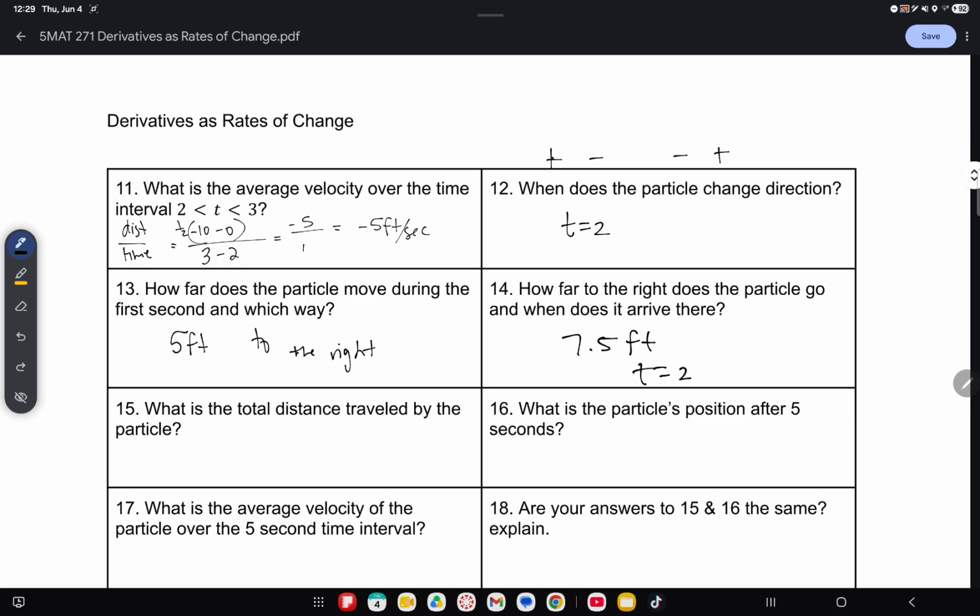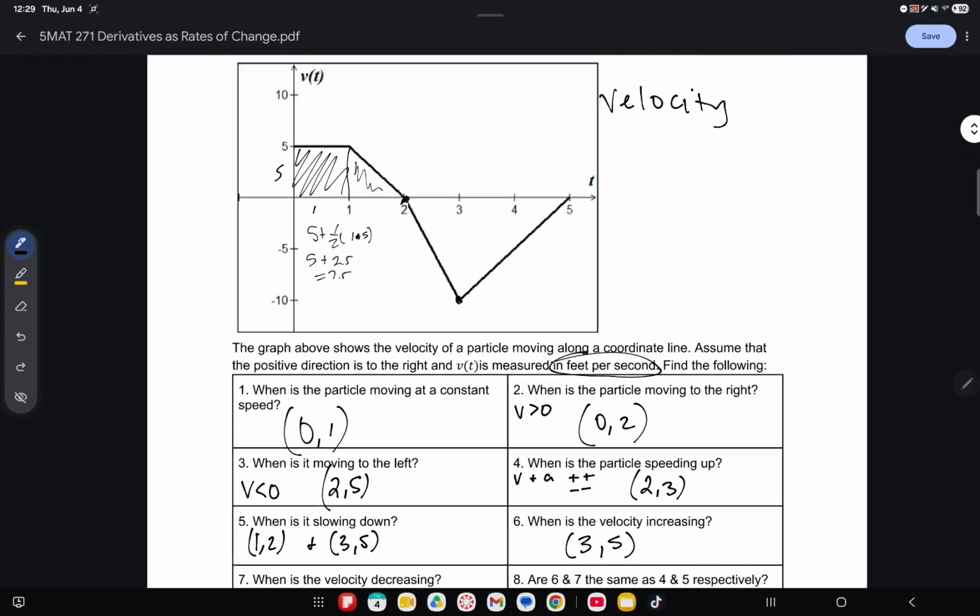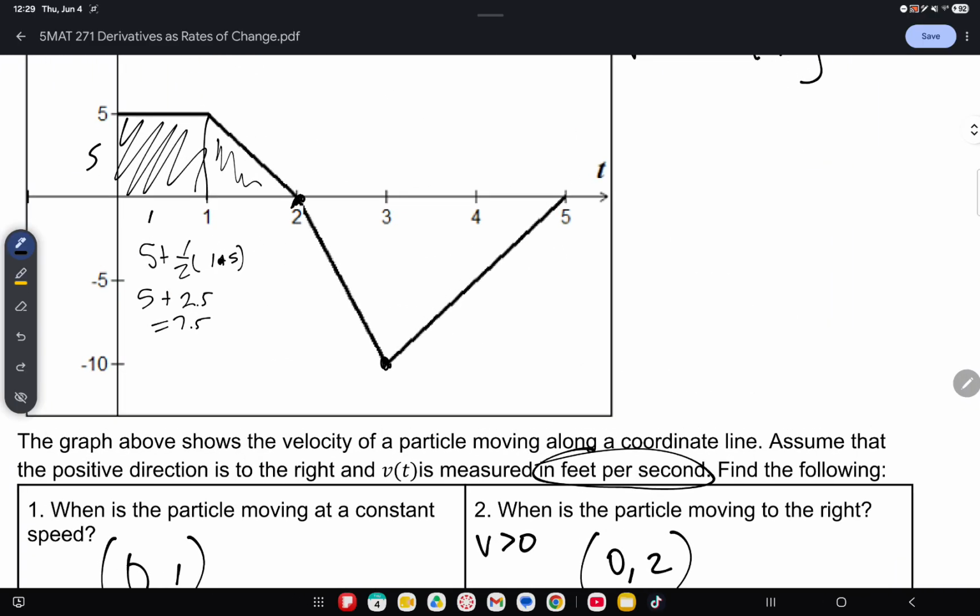What is the total distance traveled by the particle? So we're going to add up all of those pieces. So I already know part of it is 7.5. Let's add in the rest. I'm going to split that into 2 triangles and say, all right, 1/2 base times height.